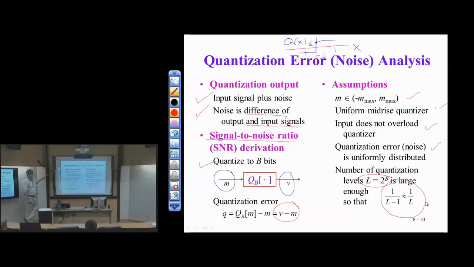Does that bother you? Bothers me. 10% error, I'm all about, we're all about that as engineers. But when levels are really low, this bound is really off. So for 1 bit, this formula is way off from what's actually achievable.